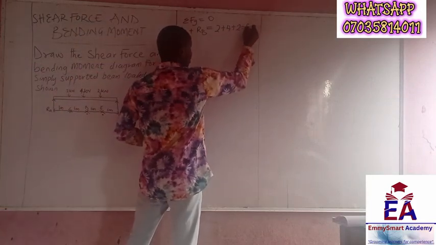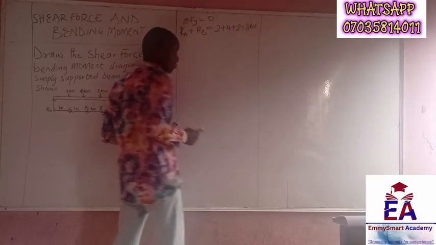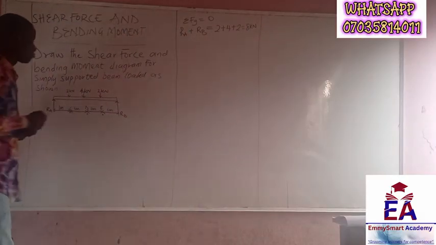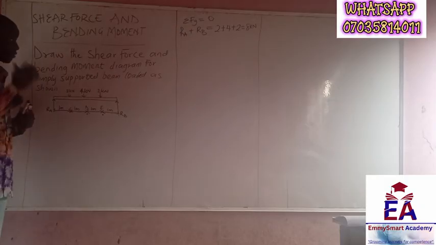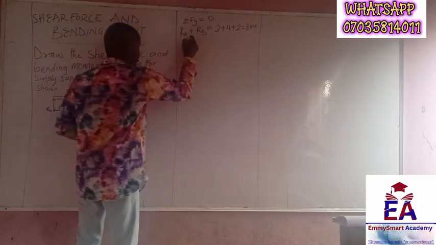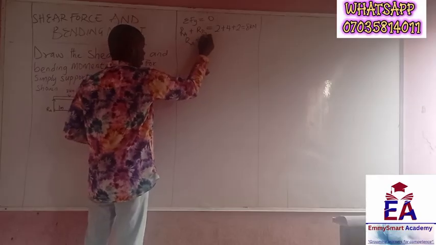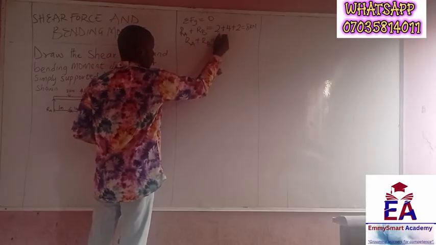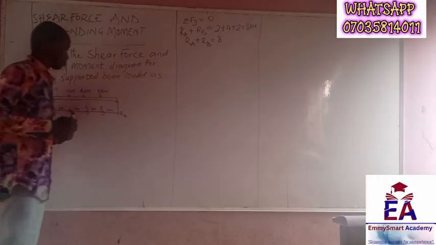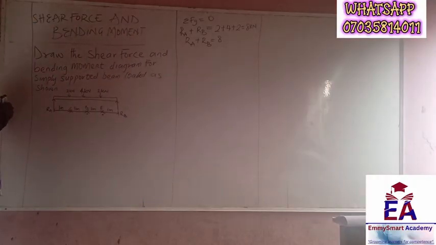So that will be 8 kilonewton. Okay, so that is basically the formula we have. That means RA plus RB is equal to 8. So that's very important.